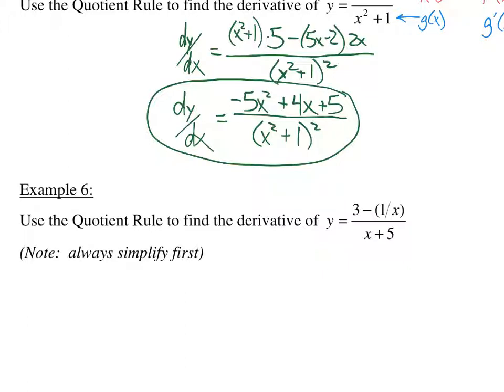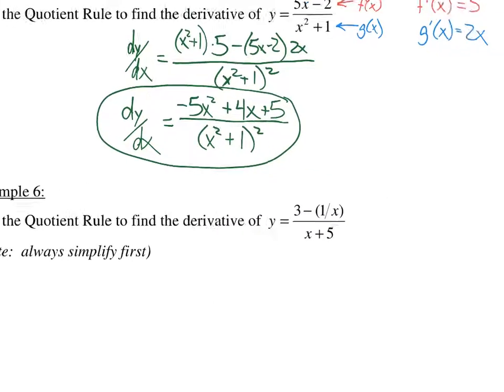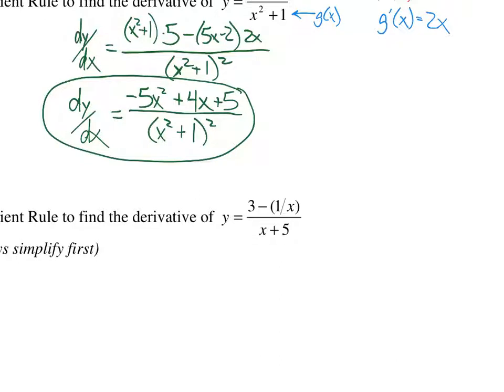All right, one last one here. Notice in this case, we have this 3 minus 1 over x. How could I rewrite that? Because we don't know what the derivative of 1 over x is, but how could we write that? Yeah, 3 minus x to the negative 1, over x plus 5.